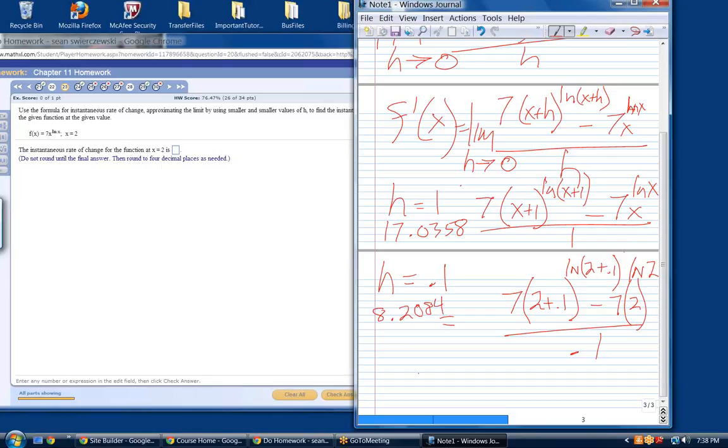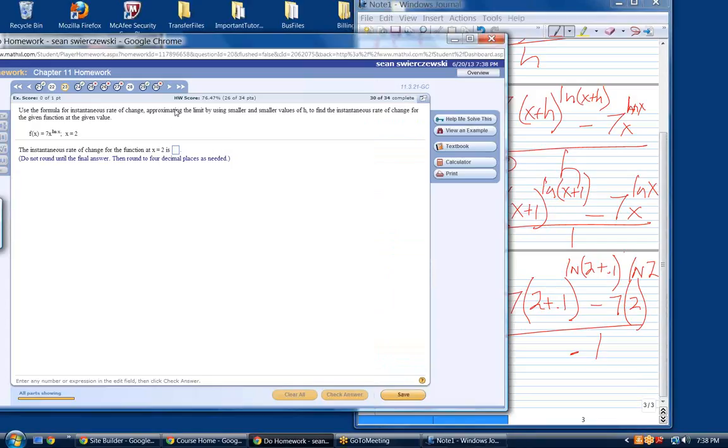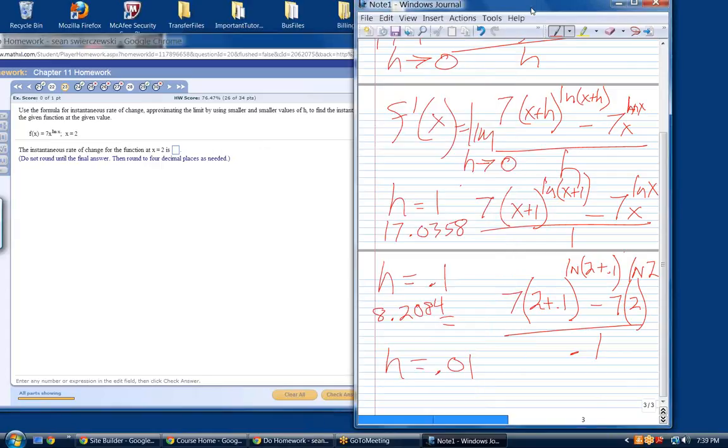Let's try it one more time with an h equal to 0.01. We're going to take it down by a factor of 10 each time. Now, use approximating the limit by using smaller and smaller values of h to find the instantaneous rate of change. How are we supposed to know when we've taken it down far enough? Do not know. Well, let's do it for 0.01 and then call that our answer.